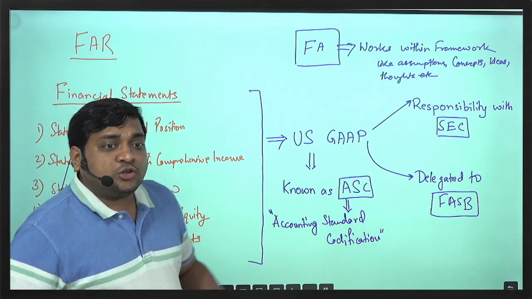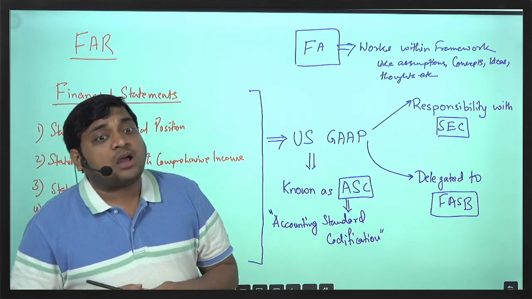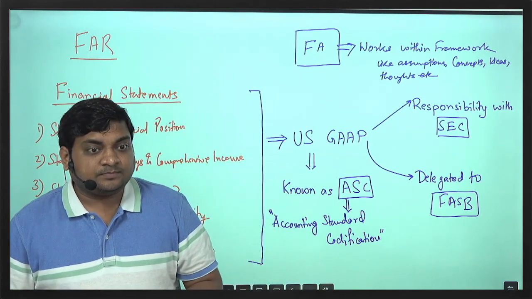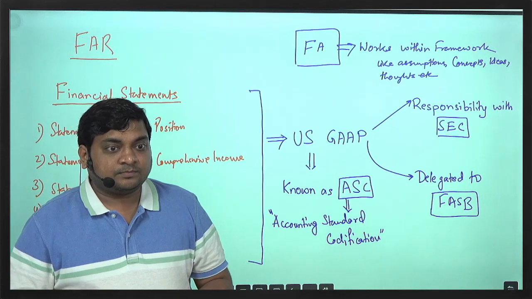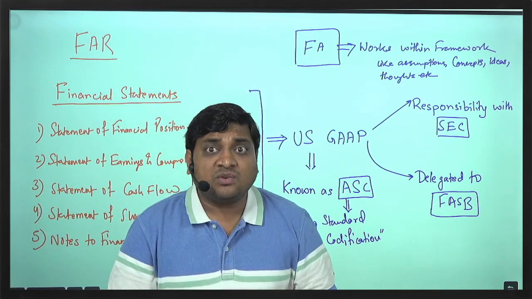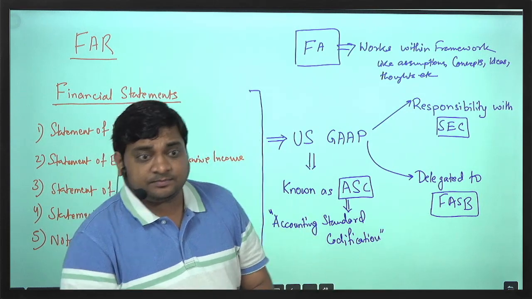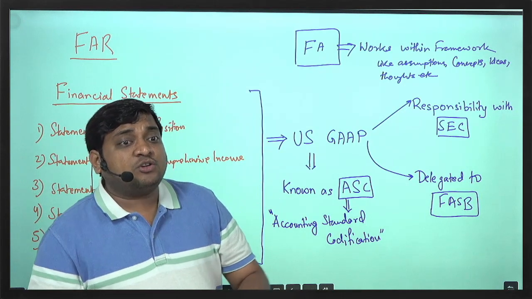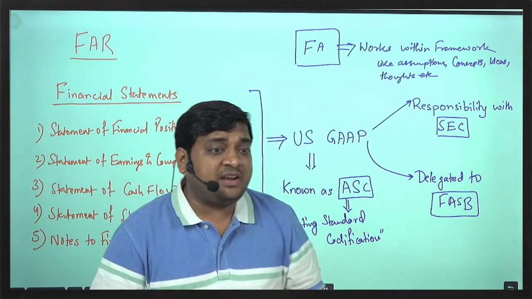Right? So today we are going to talk about financial statements of US entities. When we do accounting for Indian entities, we have accounting standards issued by the Institute of Chartered Accountants of India.